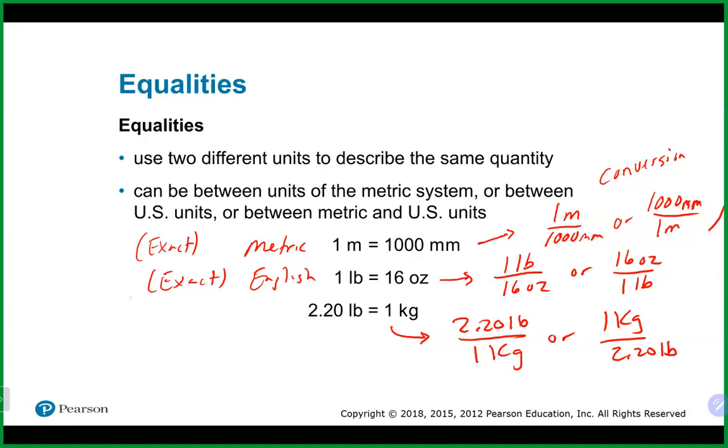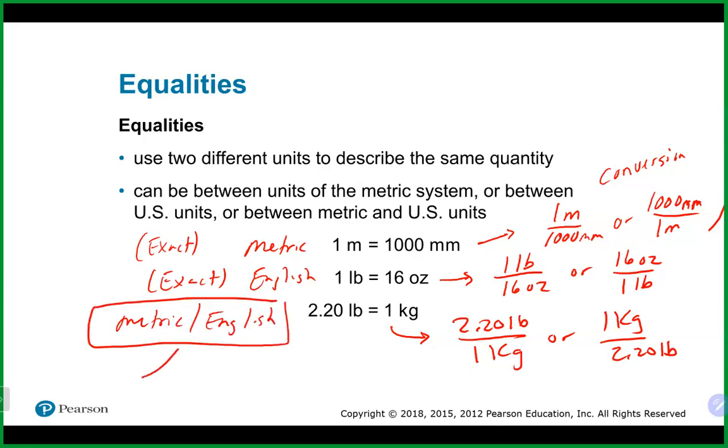But this is sort of our metric to English. And typically speaking, in most cases, you do need to look at this one. So you do need to look at the significant figures that there are in that type of conversion factor, and take them into account when you're doing your calculation.